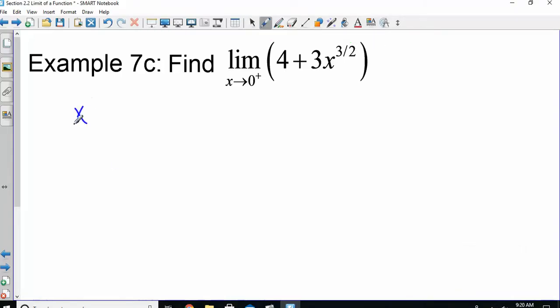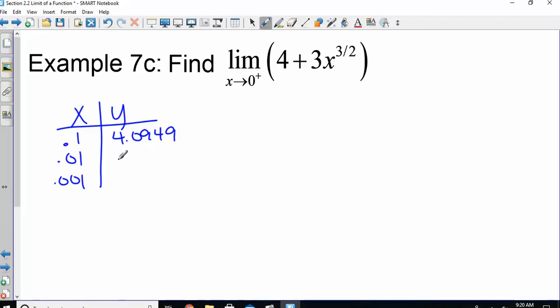You're only approaching from the right, so we only need the one table. And if you put in 0.1, you get 4.0949. So what is this approaching? 4.